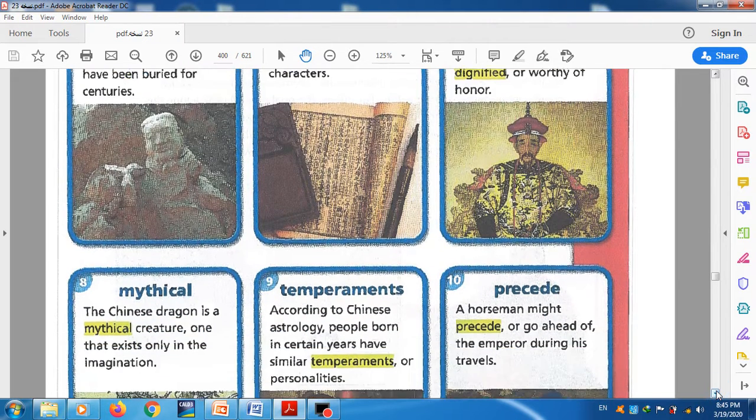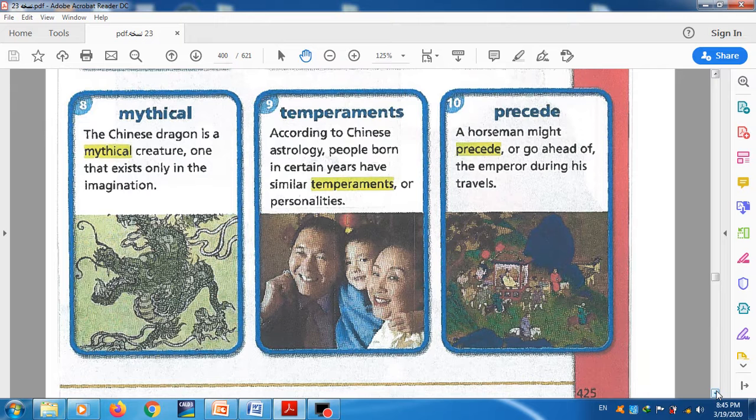The word number 8 is mythical. The Chinese dragon is a mythical creature, one that exists only in the imagination.